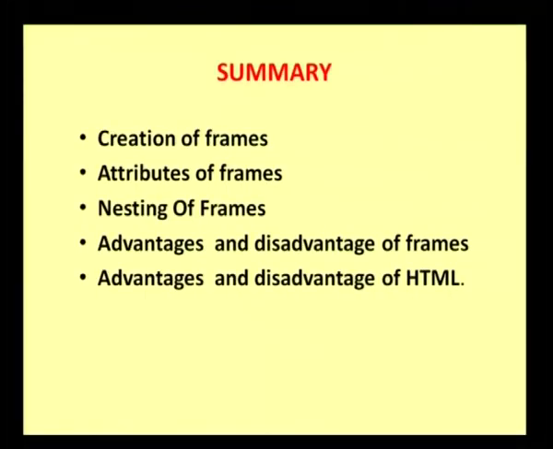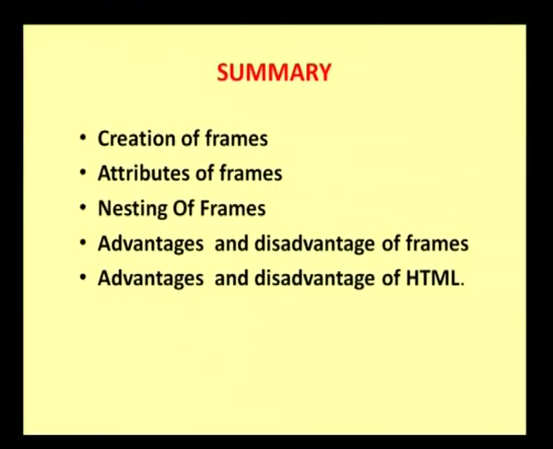Let us summarize this session. What have we seen? We have seen creating the frames and the tags used to create the frames, and attributes of frames such as rows and columns, width and height, margin width and height, name attribute, target attribute, source attribute.